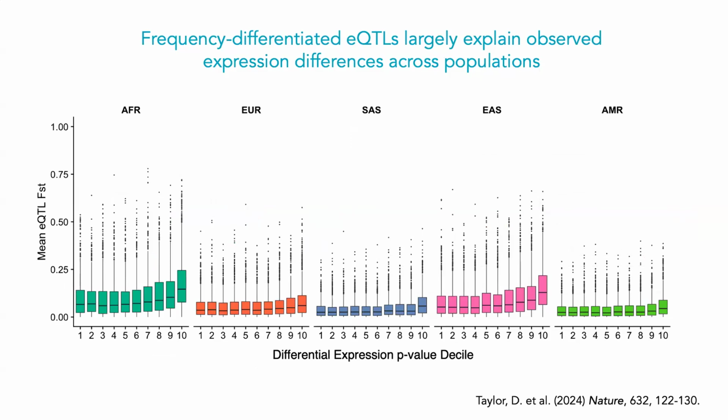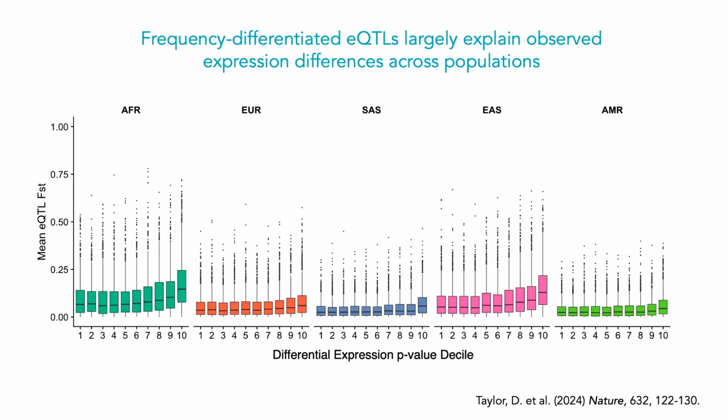So that was one example, but we think this also generalizes. One way of looking at this is to just measure the amount of differential expression between a given focal population, say the African population or continental group, and all the other continental groups within our data set. As you move to the right here, these genes are more differentially expressed relative to the other continental groups.